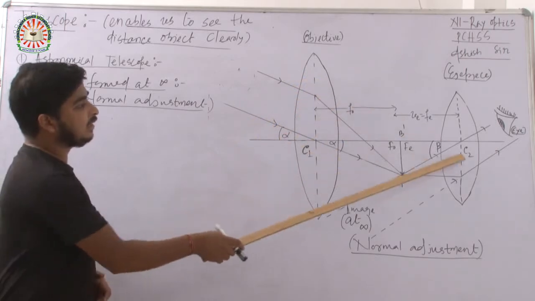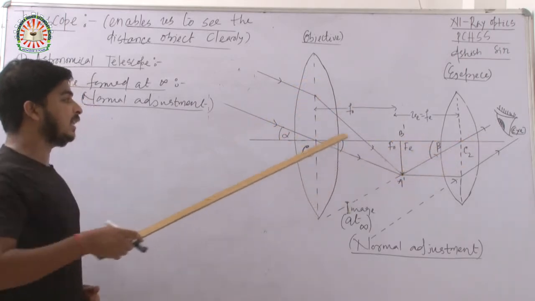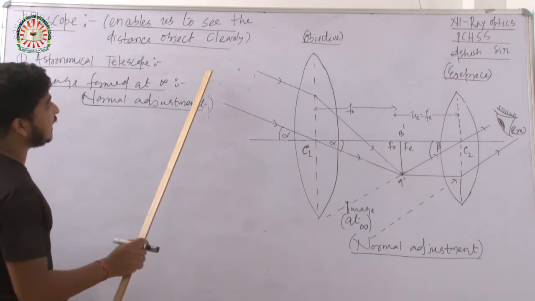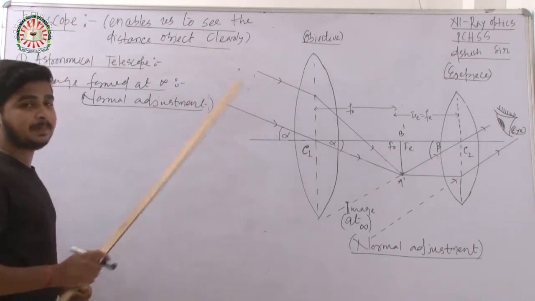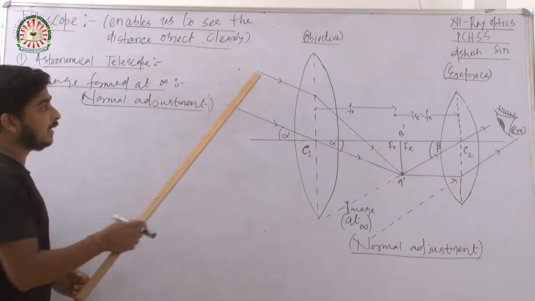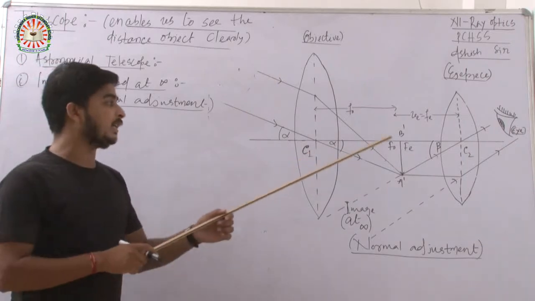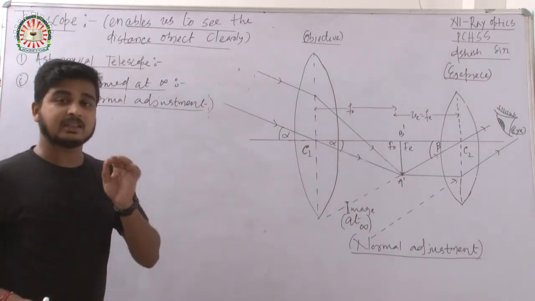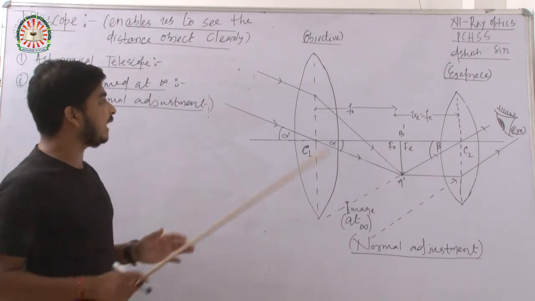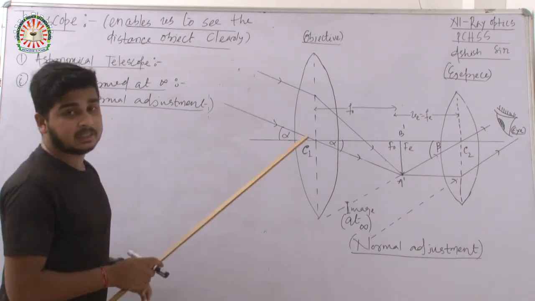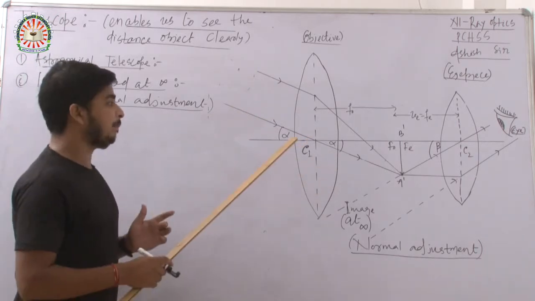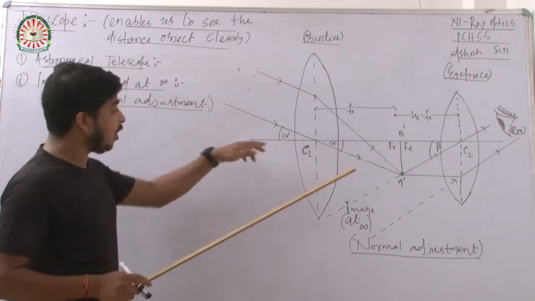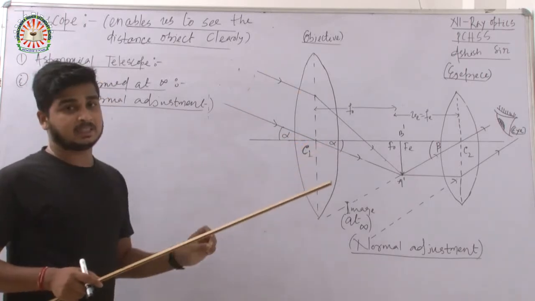The two lenses are coaxially fitted, and this line is the principal axis. You usually take rays of light parallel to the principal axis, so that after refraction they meet at the focus. But in this case, intentionally I have taken parallel rays of light that are not parallel to the principal axis.